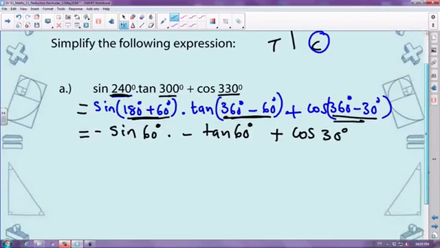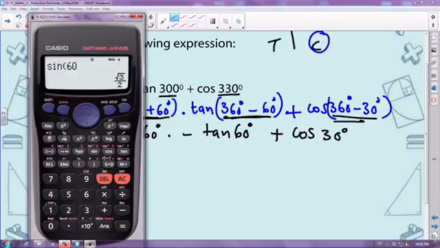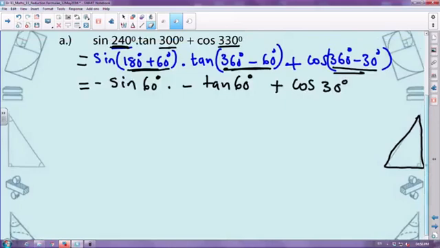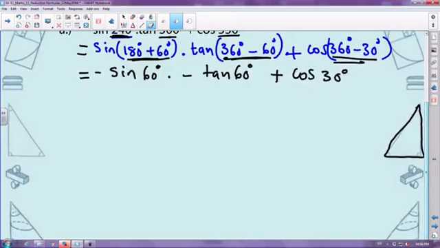Okay. Now, guys, you go back to our special angles. Remember, I need to take out the triangle. Let me just draw it here.